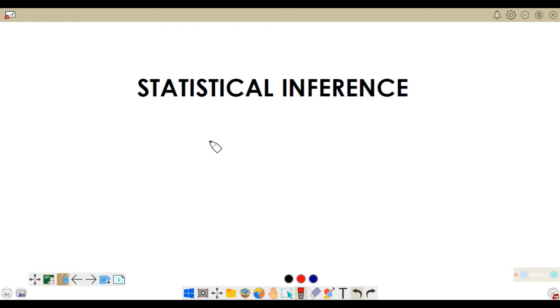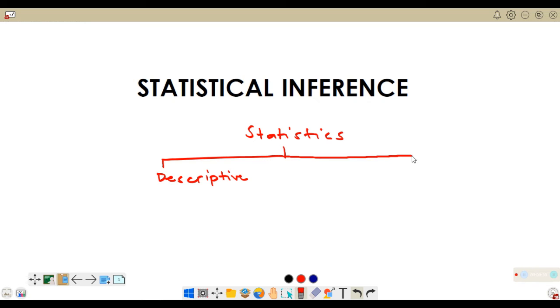At the beginning of our course, we mentioned that statistics is actually divided into two major parts. So first is the descriptive statistics, where your aim is just to describe data through measures of central tendency, usually, and measures of dispersion, and also you can represent your data in forms of graph.